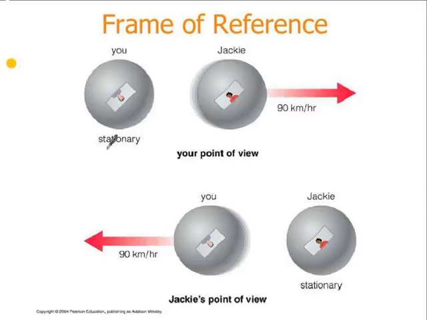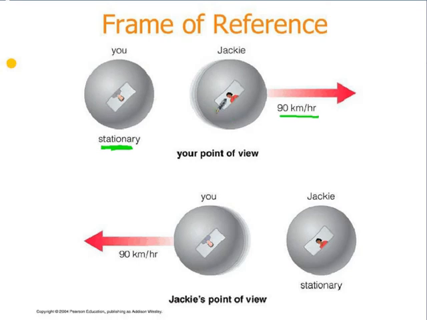So if you are stationary and Jackie is rolling at 9 kilometers per hour, you're going to be able to tell that Jackie is moving, and if Jackie looks at you, she'll be able to tell that she is moving because you are the frame of reference. You are stationary.